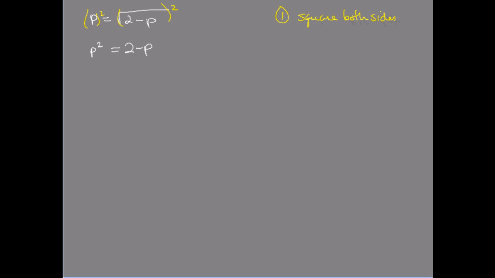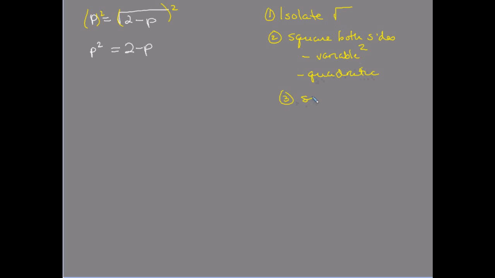Well, actually, the first step is still going to have to be isolate the variable. If that's, sorry, isolate the radical. Then square both sides. And since I have a variable squared, I have a quadratic. So I need to set equal to 0.